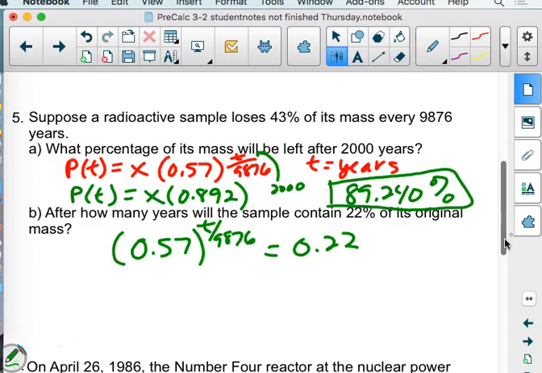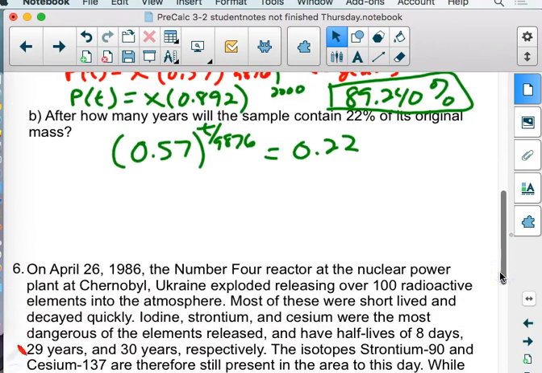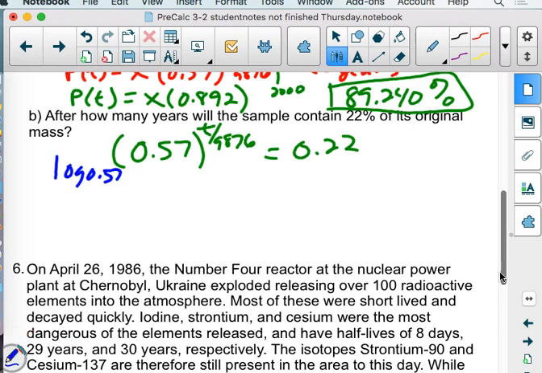Well, I think we can handle that with logarithms mighty fine. Now, we could certainly graph this. Absolutely could, but we can get logarithms here too. So what would we do logarithm-wise? Yeah, picky little base is 0.57 here.